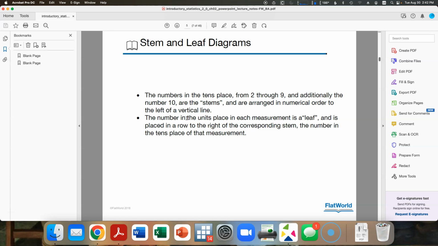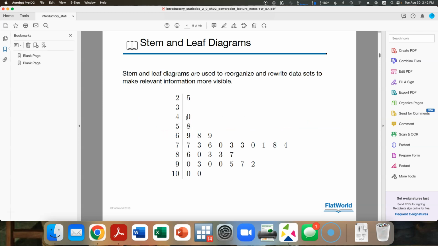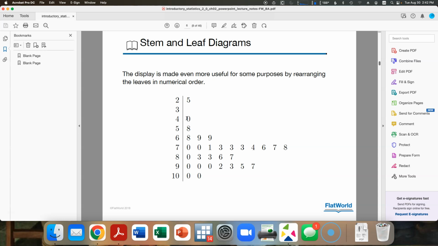For some individuals, this would be a useful way to describe the data. It gives you a pretty quick sense of how many you have for each of the tens values. And again, we could then rearrange the leaves in numeric order.